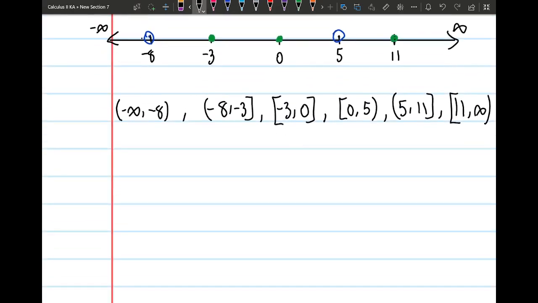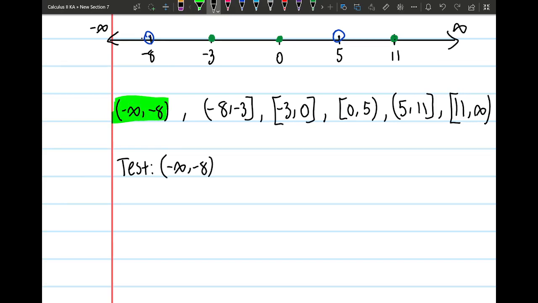So now we want to test the first interval. And my first interval that I listed was from -infinity to -8. So here we have -infinity to -8, and we're going to go ahead and test that.